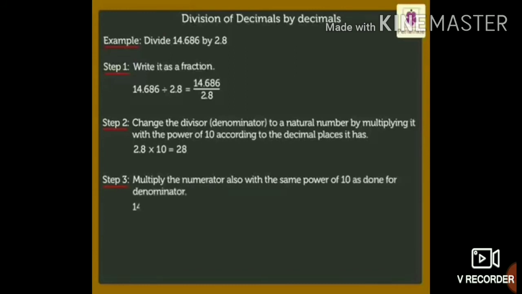Multiply the numerator also with the same power, because if you multiply by 10 in both the numerator and denominator, there is no change. So 14.686 divided by 2.8, when you multiply the numerator and denominator by 10, it will change.